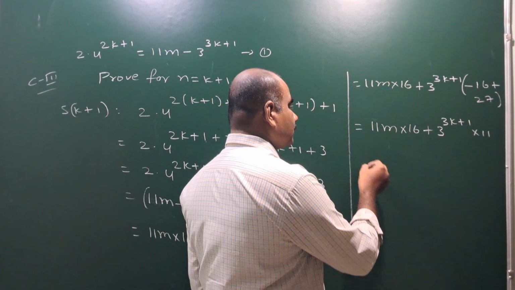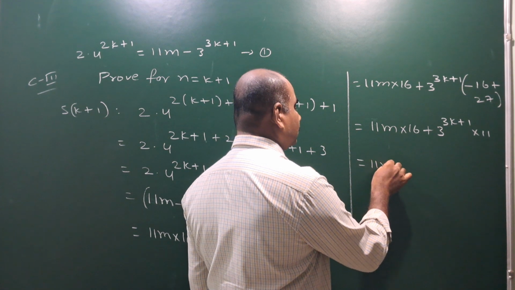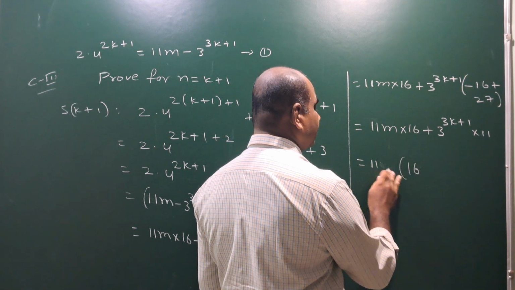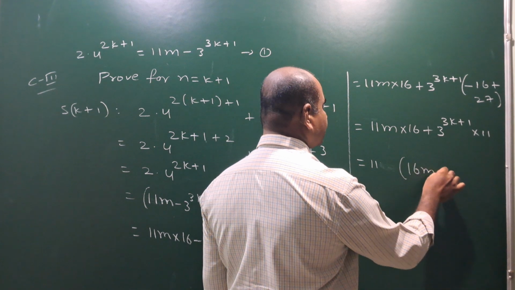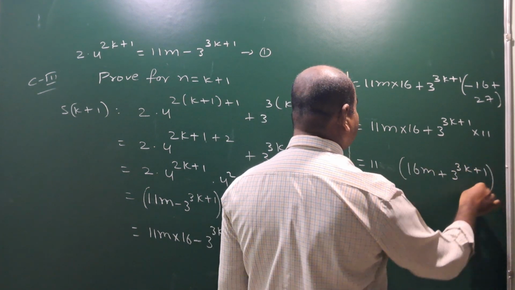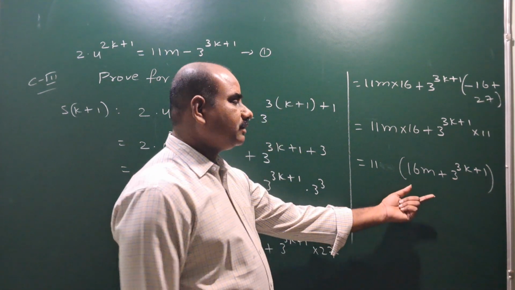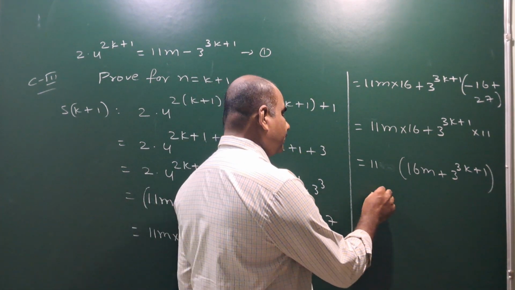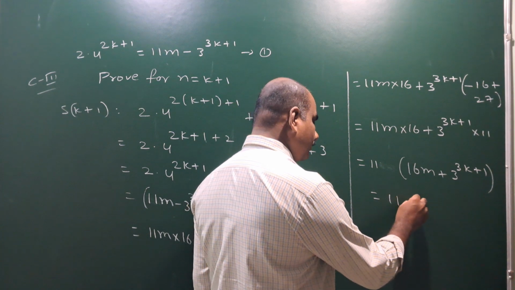Take 11 as common. We have 11 × (16m + 3^(3k+1)) in brackets. And this number is also a natural number, so we treat it as t.